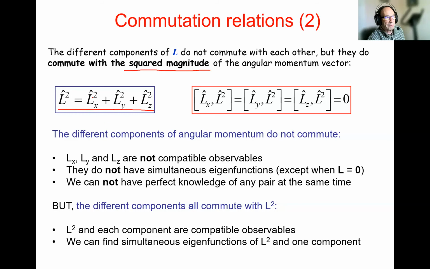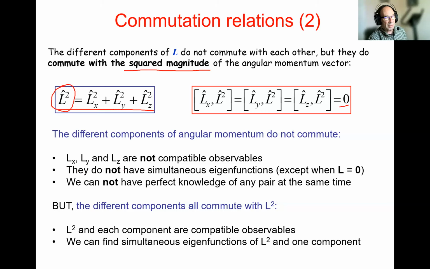If we sum up the squares of all components, we get the square operator. When we check, it turns out that for each of these components, Lx, Ly, and Lz, if we take a commutator with L squared, we get 0. Fantastic. That means that we can measure simultaneously one of the components and L squared.